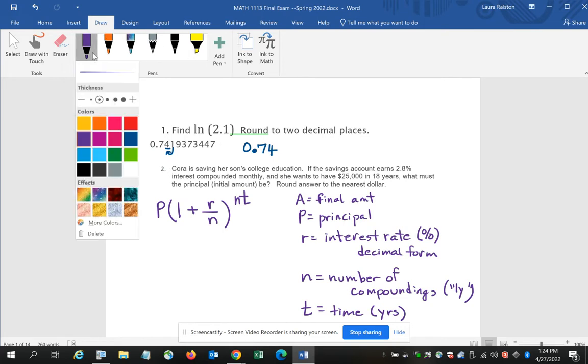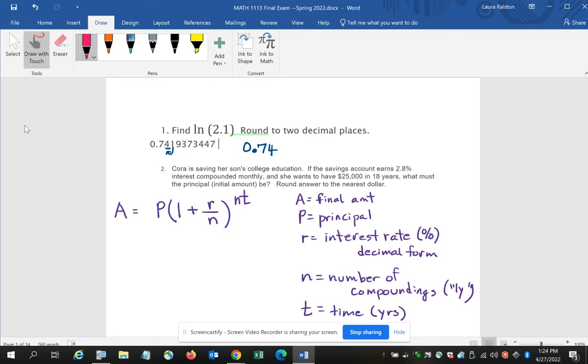I would go through my problem and read through it a second time and identify this information. It says the savings account earns 2.8%, so r is 2.8%. Change that to a decimal, you divide by 100, it's 0.028.